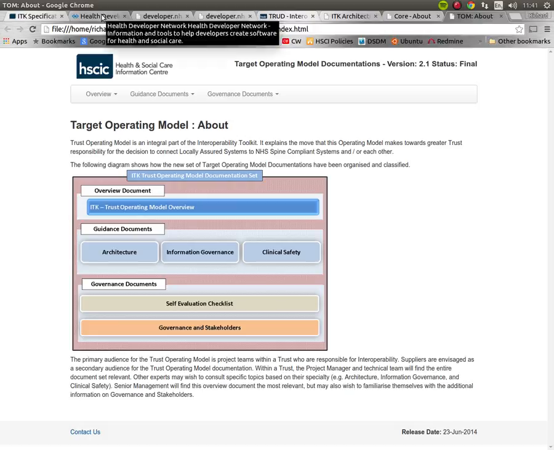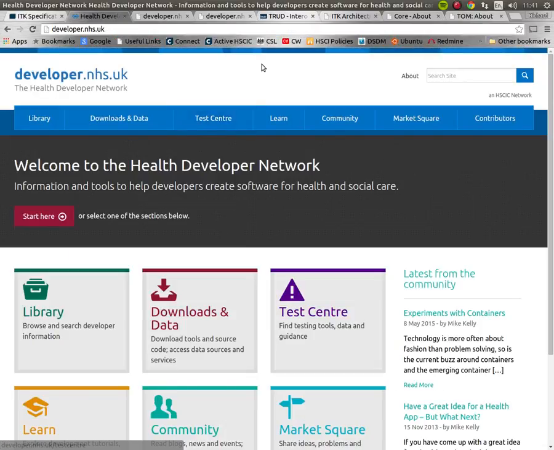Another resource that exists is the developer.nhs.uk website, and this is a site that came into being a number of years ago, but was recently started to gain more traction purely and simply because of the amount of information that's going on there.